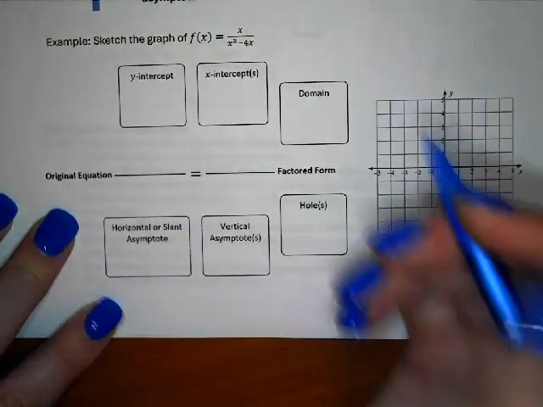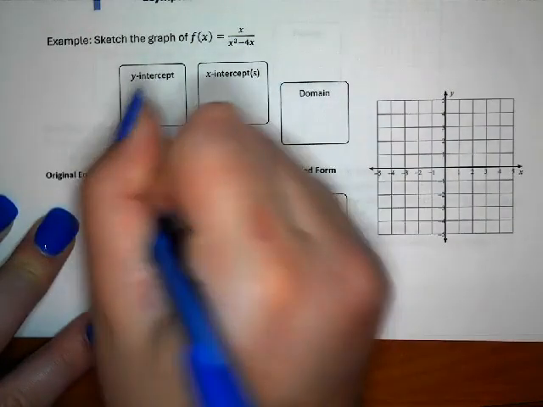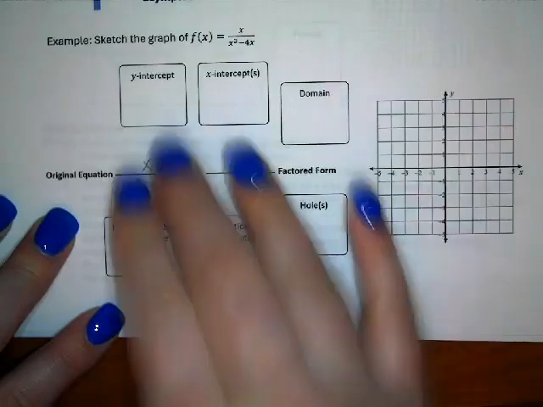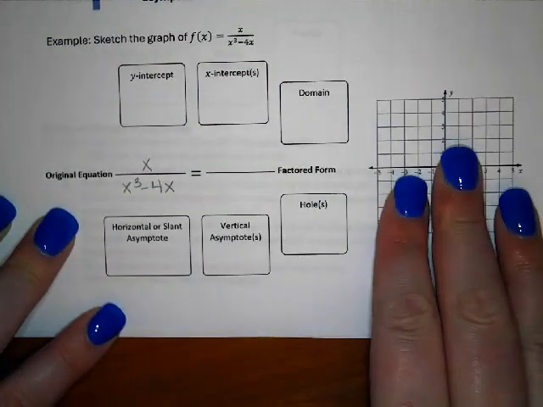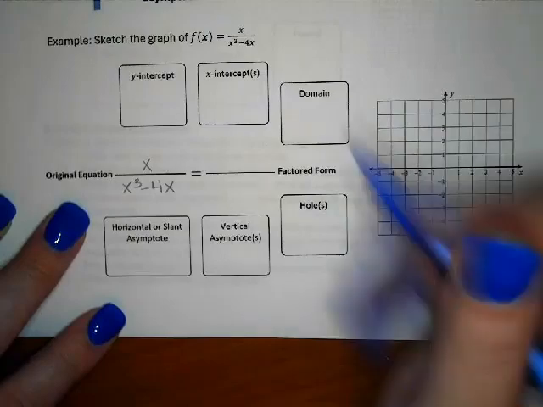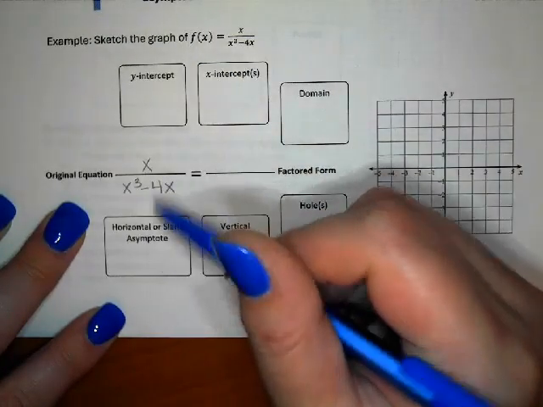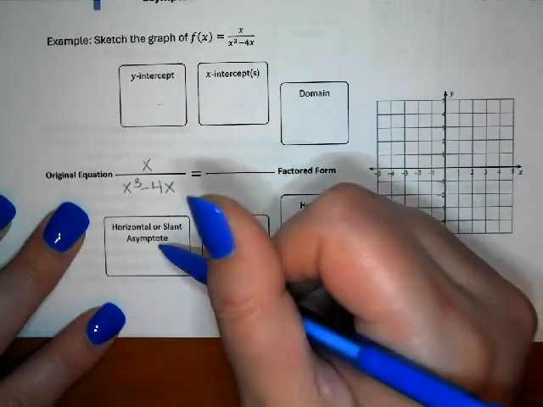So here's our original equation, x over x to the third minus 4x, and we're just going to find all the information that we learned how to find, and then we're going to take that information and convert it into a graph. So for the original equation, we know that we can find the y-intercept, and we can determine whether the graph has a horizontal or a slant asymptote.